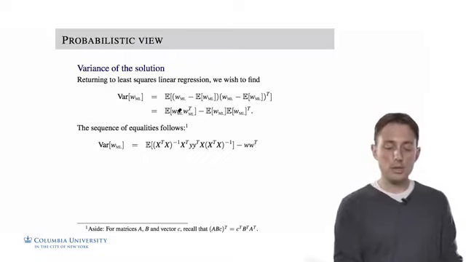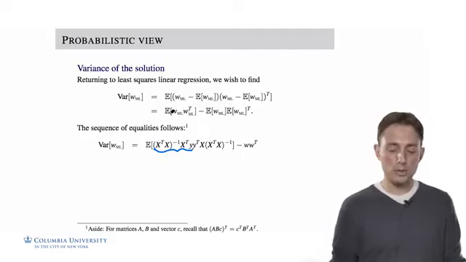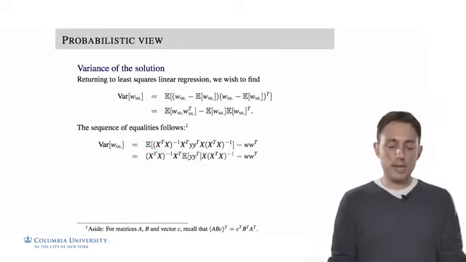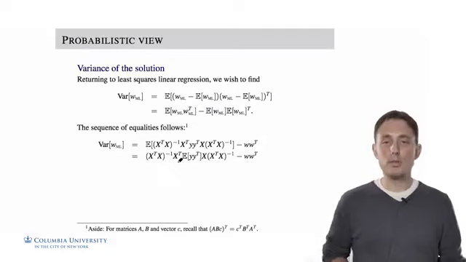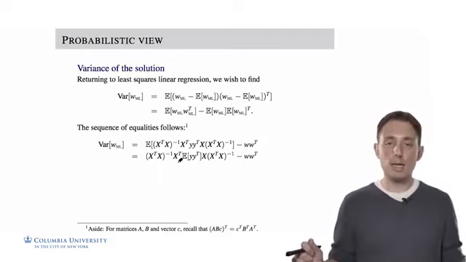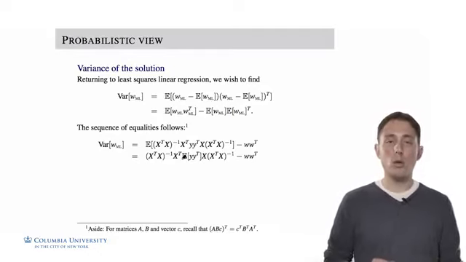Then for the maximum likelihood solution here, we actually plug it in. This term is equal to the maximum likelihood solution for w, and the second term is equal to the transpose of that. Because these matrices involving x are constant, there's nothing random there, we can bring them outside of the expectation. And what we're really asking for is the expectation of y transpose.